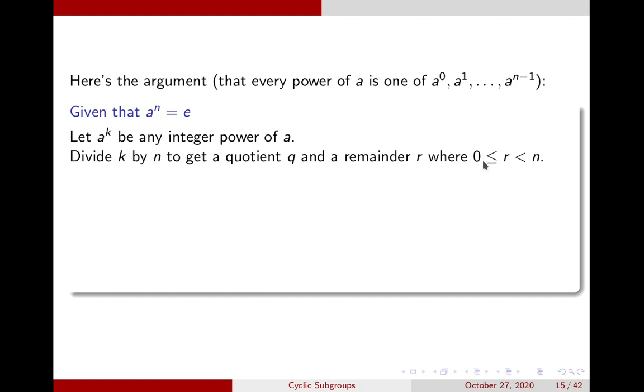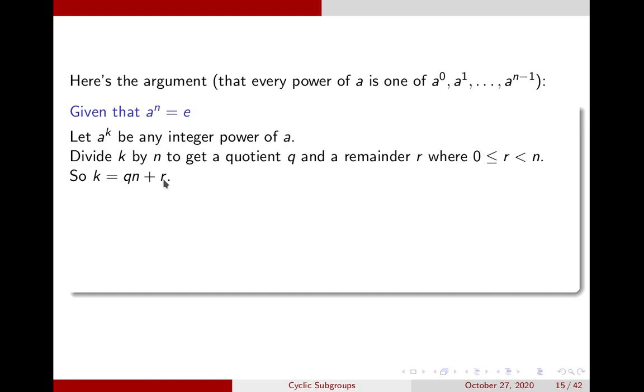And the remainder is always greater than or equal to 0 and less than the thing you're dividing by, which is n in this case. So writing the division in equation form, k is q times n plus r.